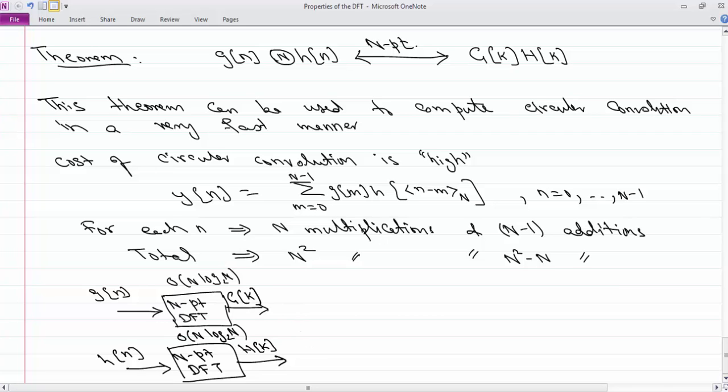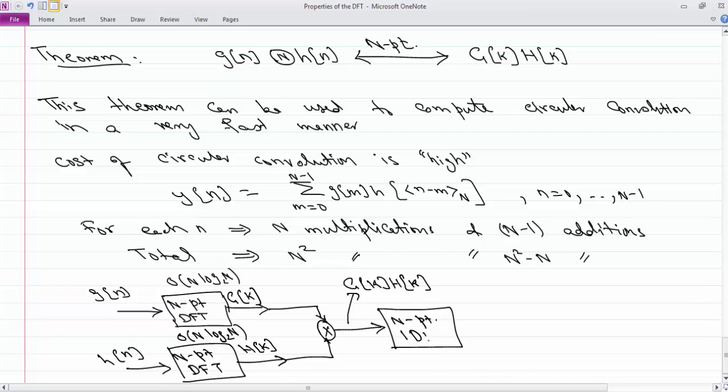Right? And then this formula says that let's multiply them together. So that's n multiplications. Okay. And then I compute an n-point inverse DFT. So I multiply, I get G[k]H[k].